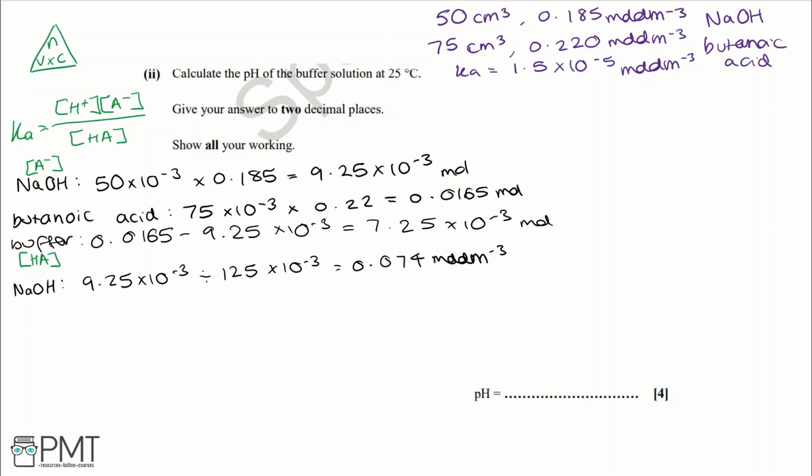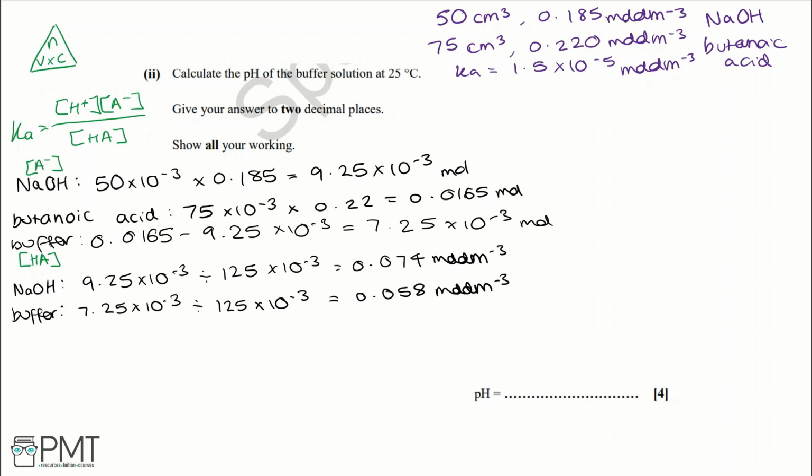So that's its new concentration in the buffer. And then for the buffer, we've got its moles, so we're going to do 7.25 times 10 to the negative 3 divided by 125 times 10 to the negative 3, and that equals 0.058 moles per decimeter cubed.